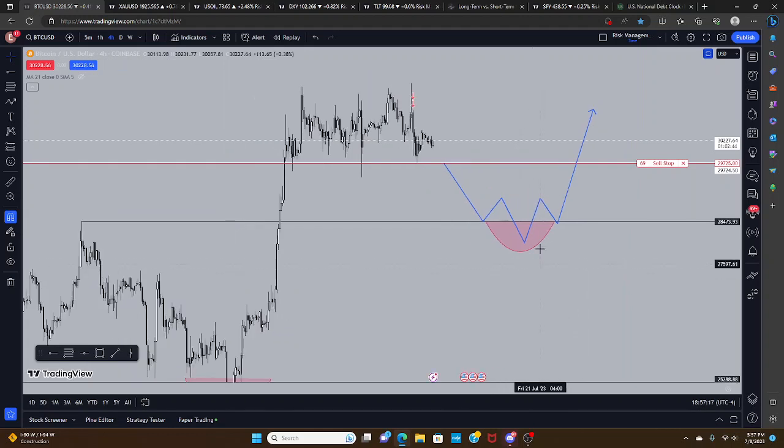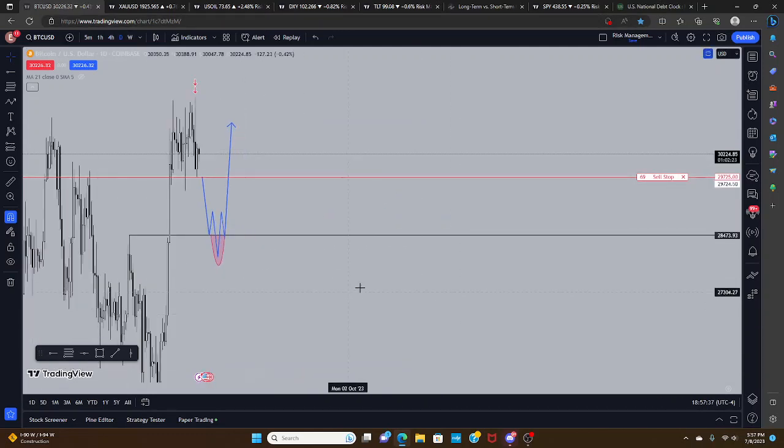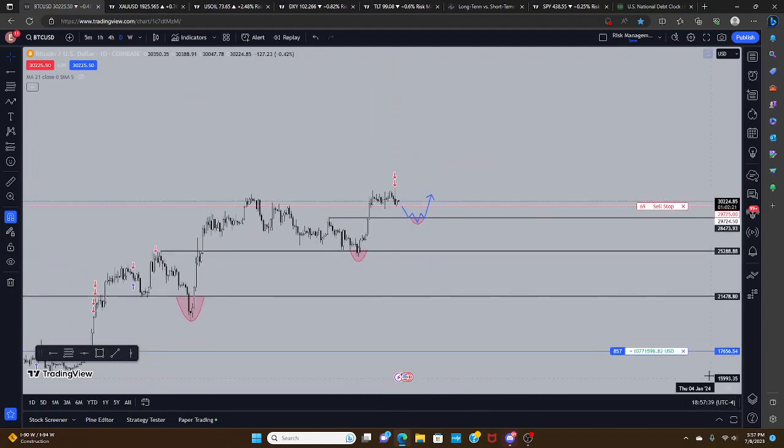The point is that I don't want to see price spending several weeks below this level, right? If that happens, I start to be more aggressive in managing risk and not looking at it as an uptrend. But again, that's several steps ahead from where we're at right now. Where we're at right now, this is still a very aggressive uptrend.